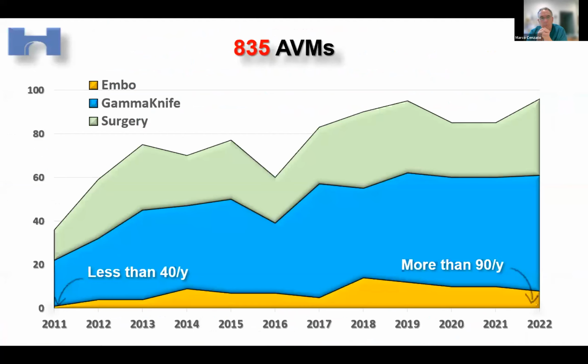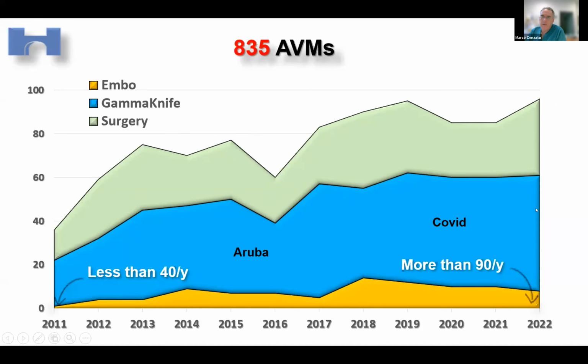These are what we have done in these last 11 years, 12 years. As you see here, we had the Aruba trial, and so we had, of course, as everybody, a diminishing of the AVM treated, but then AVM returned to be treated, and now we treat more or less more than 90 patients a year.